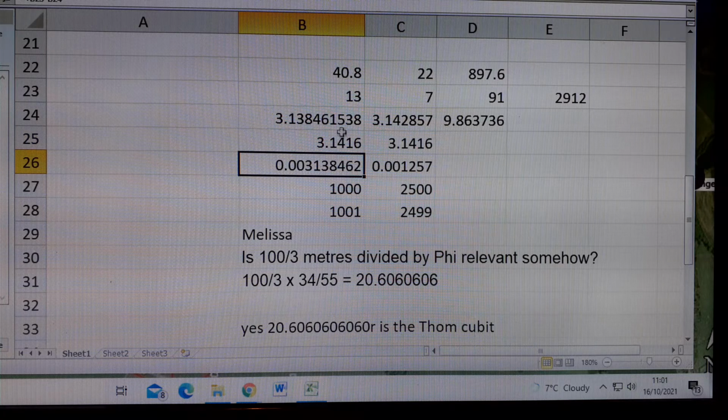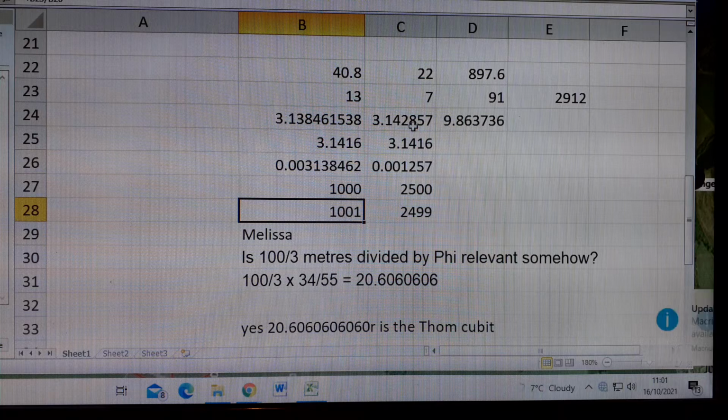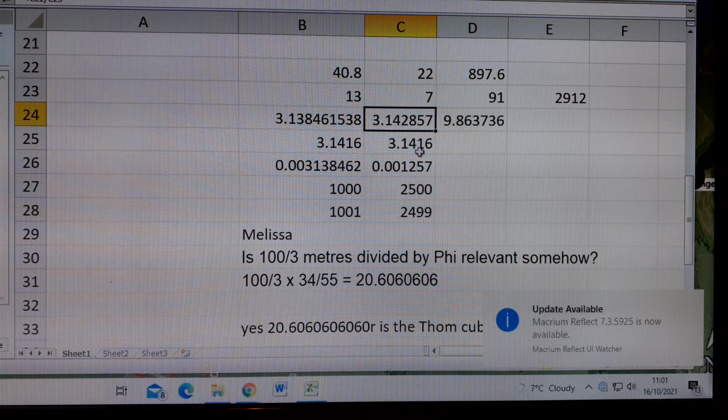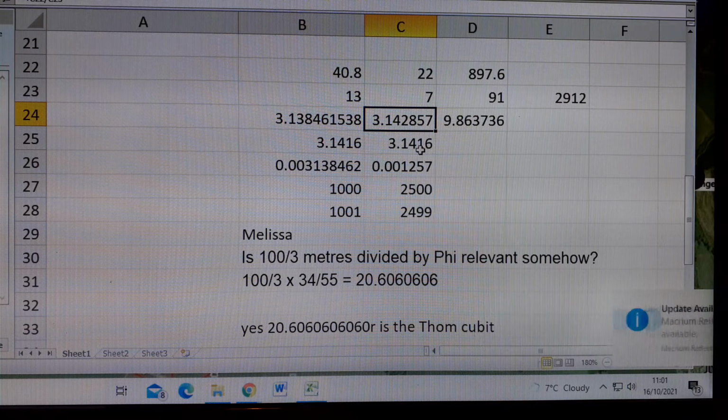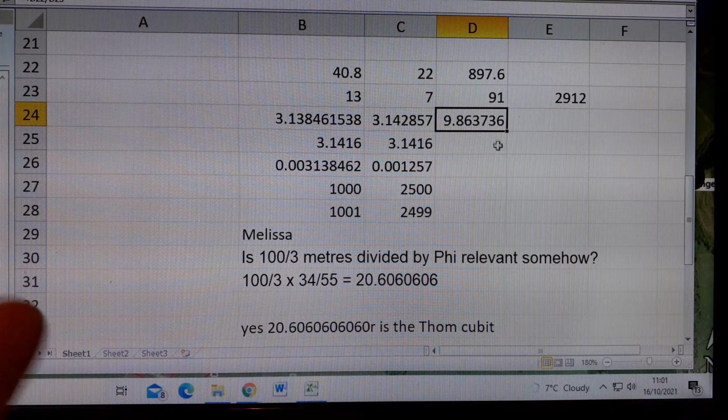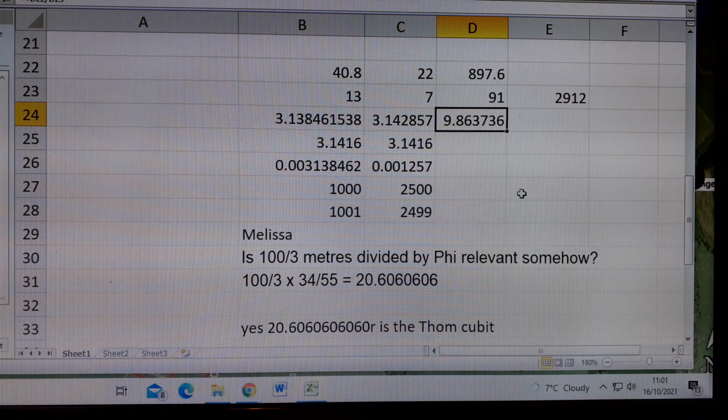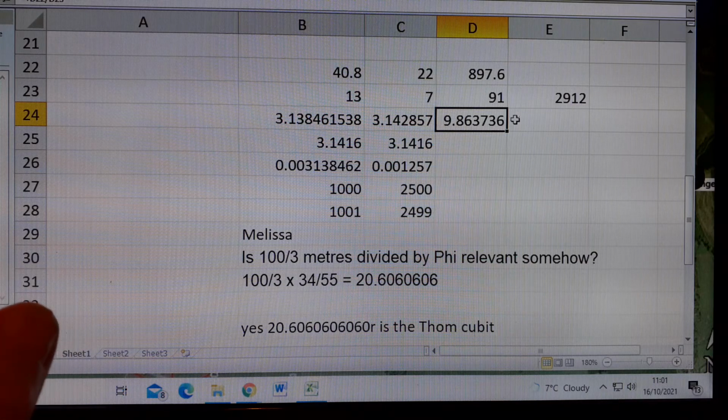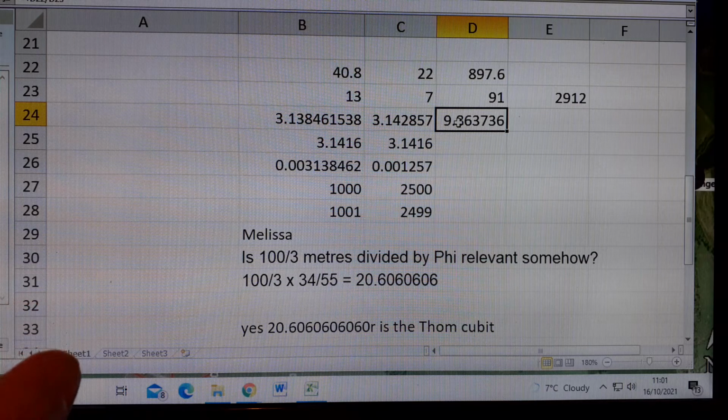And we divide that into that, we get 1,000, and that into that, we get 1,001. We do the same for this, and we get 2,500 units in that, 2,499 in that. All very deliberate, giving pi squared at the Aubrey circle, which is covered in my presentation, where we've got pi cubed being used. We've got this version of pi squared being used.